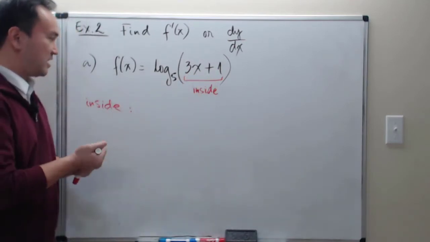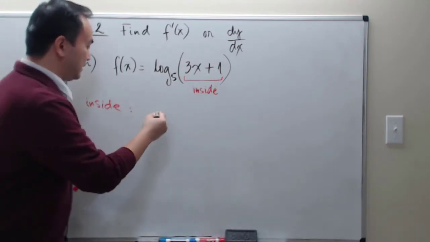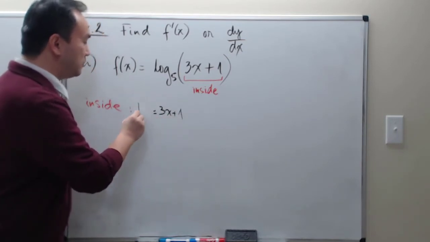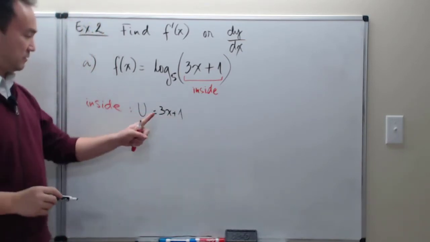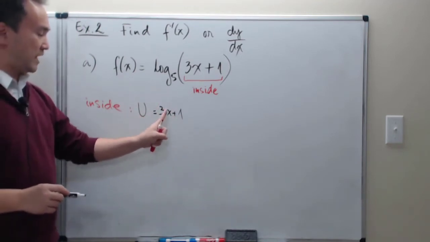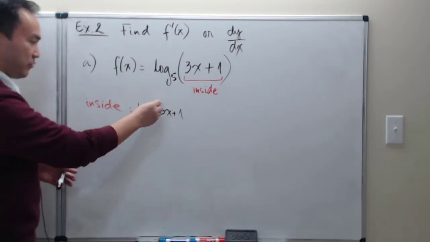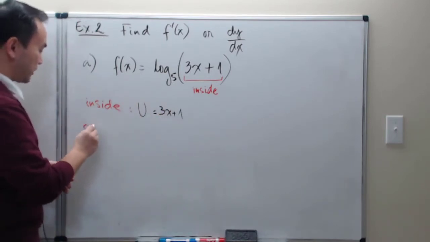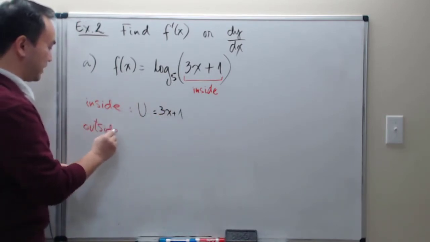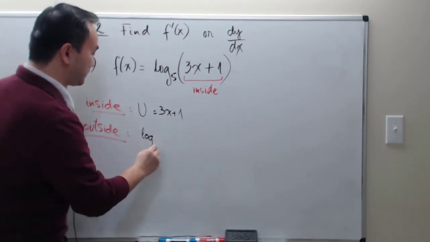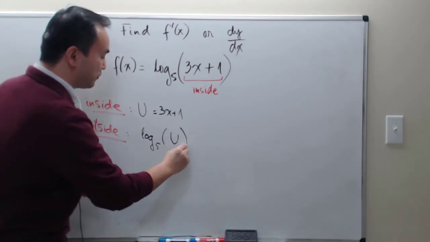So we're looking at the 3x plus 1 to be the inside, and we can assign a new variable name for that. We're substituting all that 3x plus 1 as a new variable u. After we substitute, your outside expression becomes simply log base 5 of the variable u.